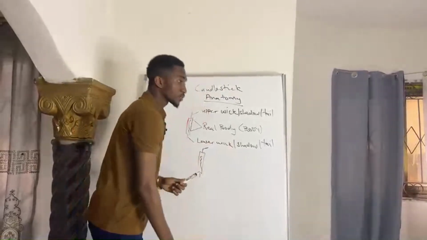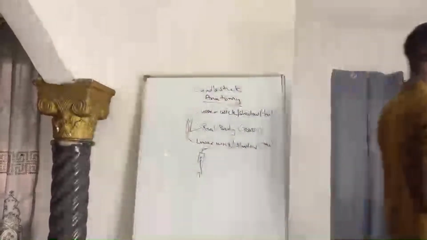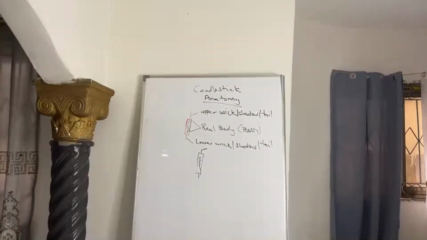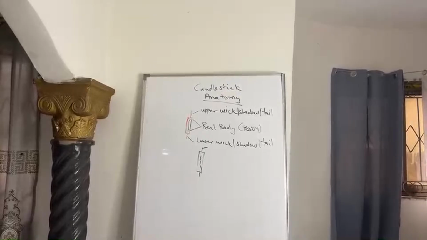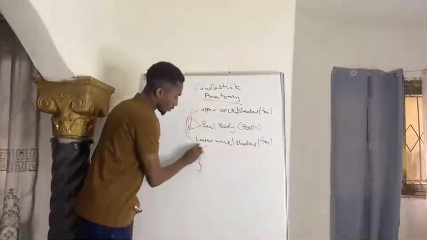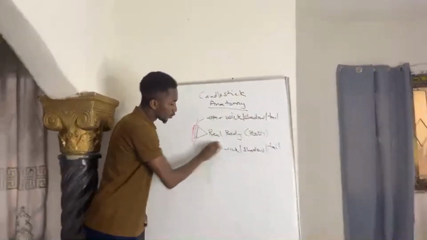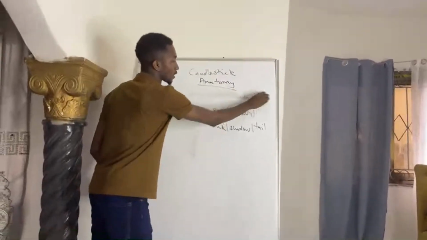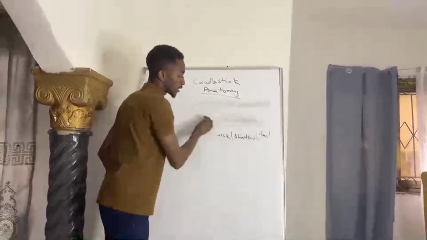So now let's move to our step two, and we will see what happens next. Now we know step one. I'm now going to show you how to read a candlestick.